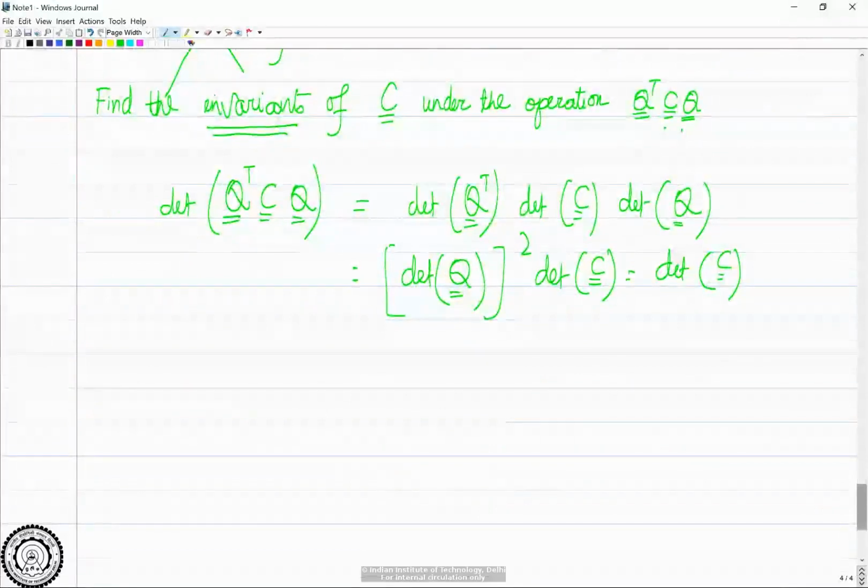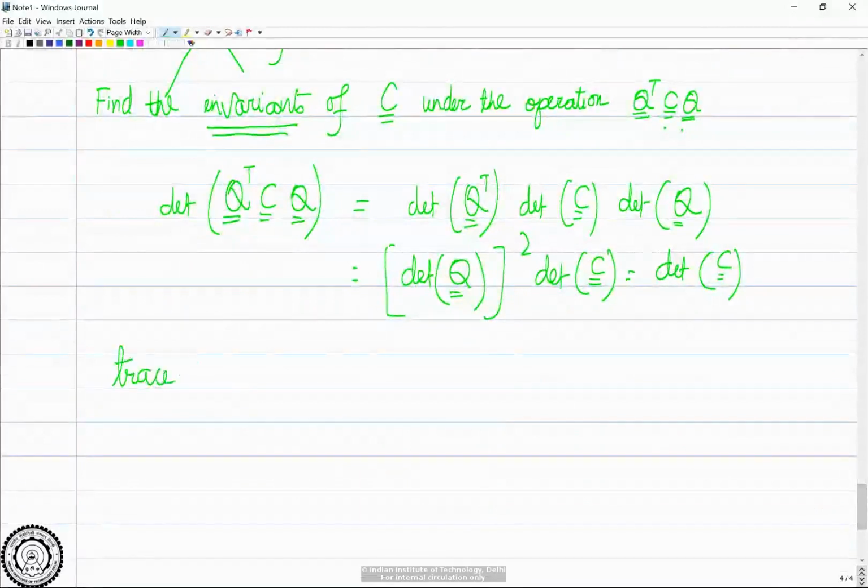Another important property is the trace. For example, look at trace of Q transpose CQ.